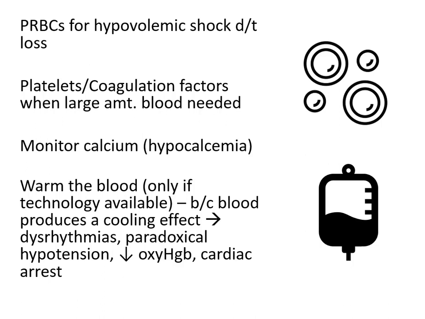It's important with massive transfusion to monitor calcium for hypocalcemia. If available, warm the blood because blood can produce a cooling effect, contributing to dysrhythmias, paradoxical hypotension, decreased oxyhemoglobin saturation, or basically the mobility of oxygen through the system, and cardiac arrest.